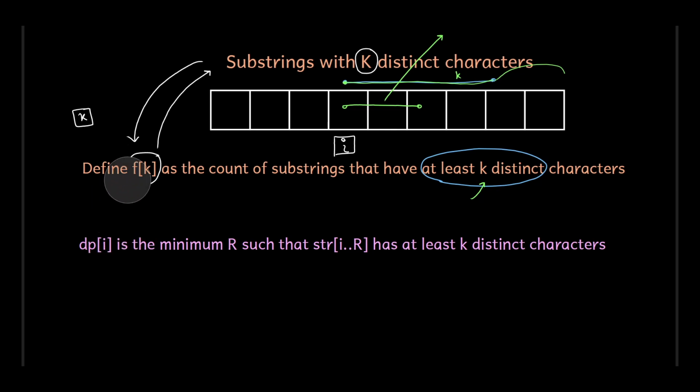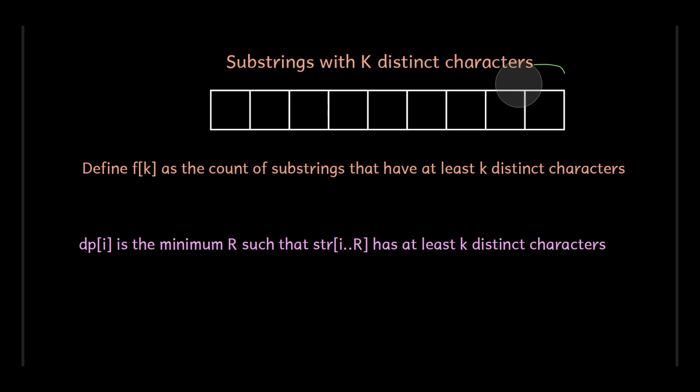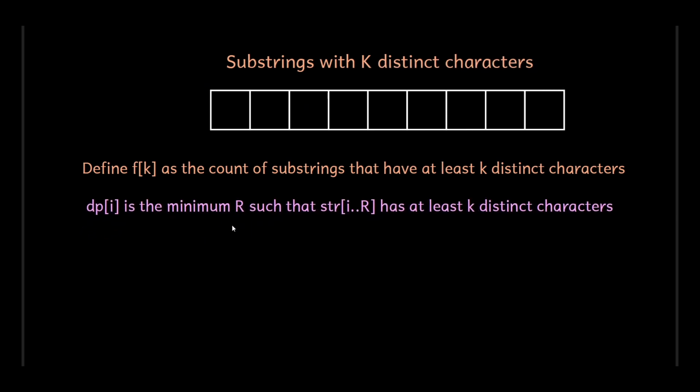So now let's see how we efficiently find out this DP value for all the indices. This is our DP definition. Now notice what happens. For this particular index I, suppose you have concluded that this is the R in which there are at least k distinct characters.